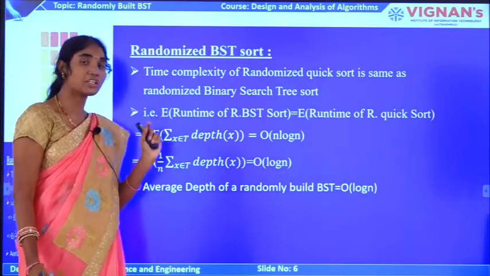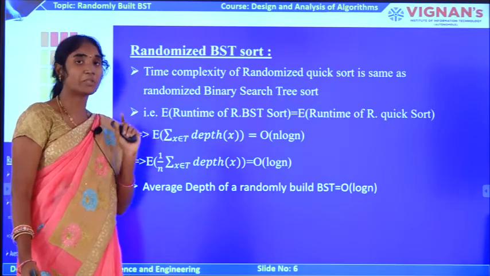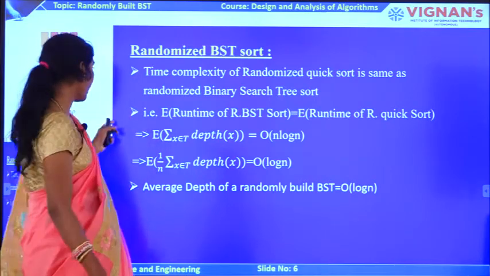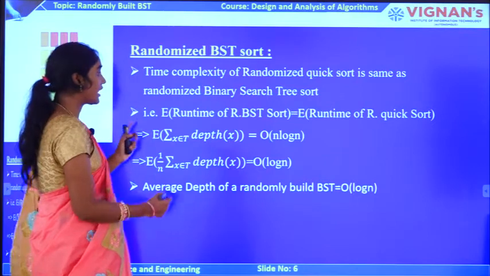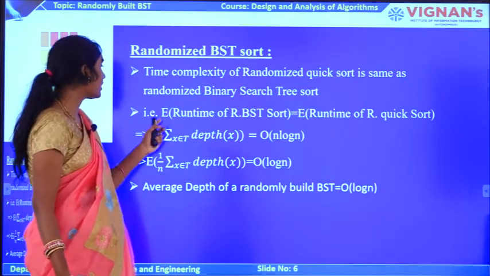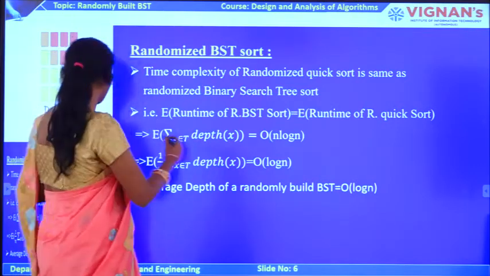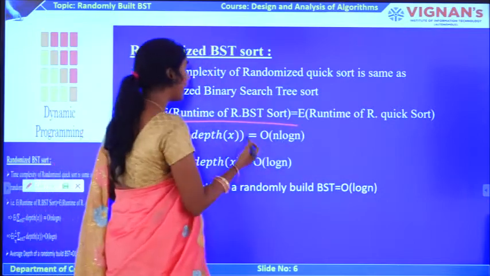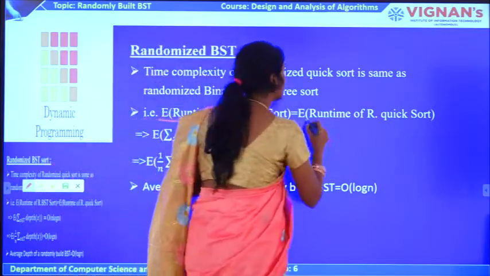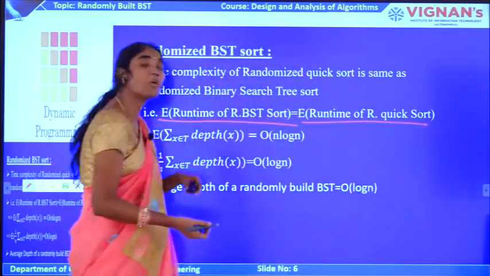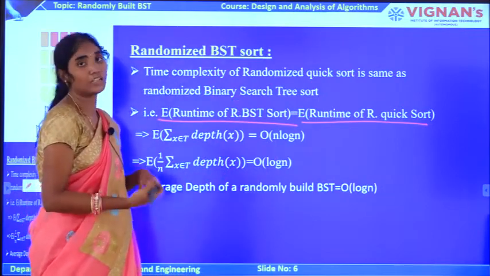So I am calling it in short RBST. Okay, so now E stands for expected runtime. The expected runtime of RBST sort is equal to the expected runtime of randomized quicksort.